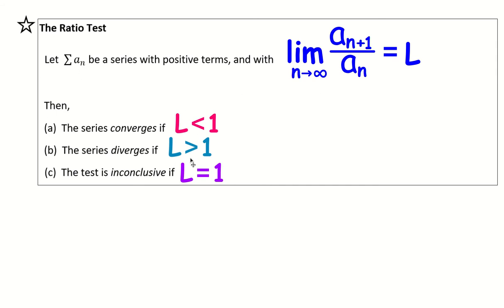If your limit is greater than 1, then your series diverges. And if your limit happens to be exactly 1, then the ratio test is inconclusive.